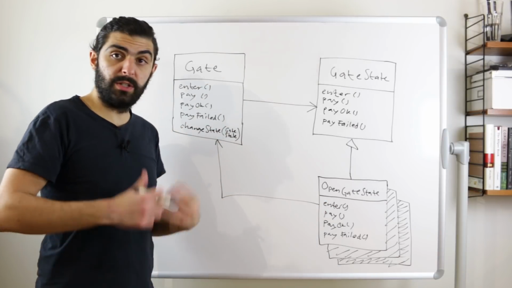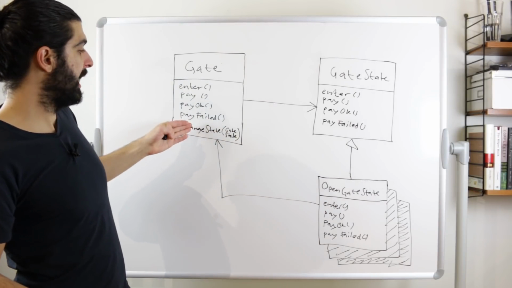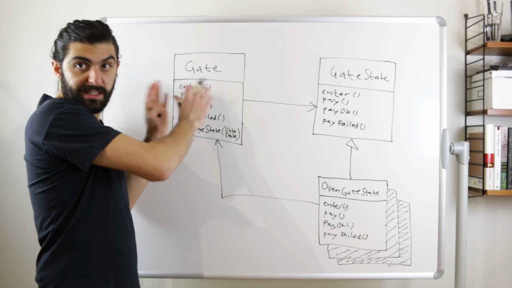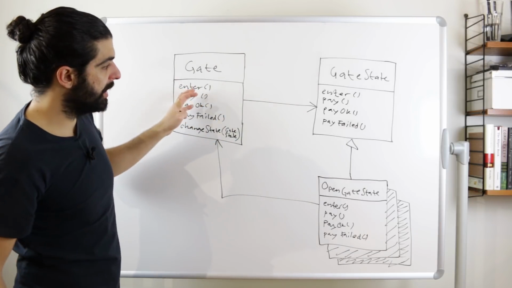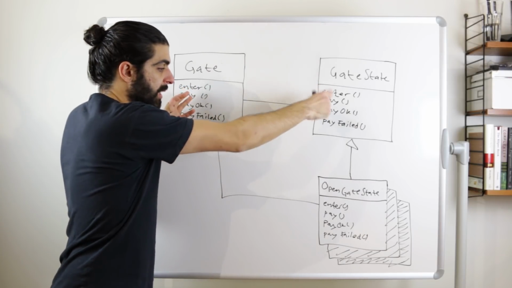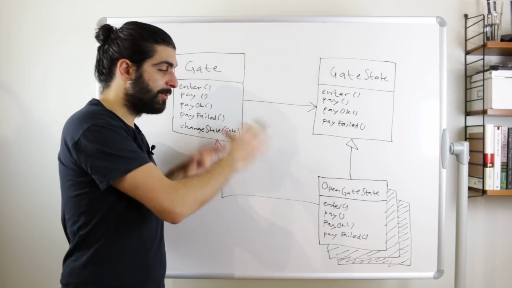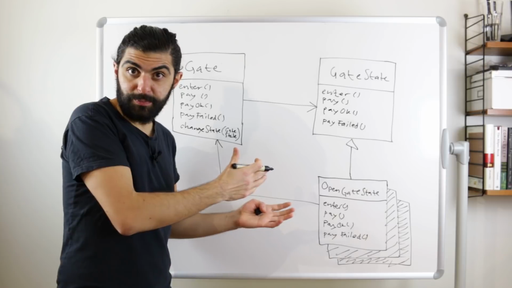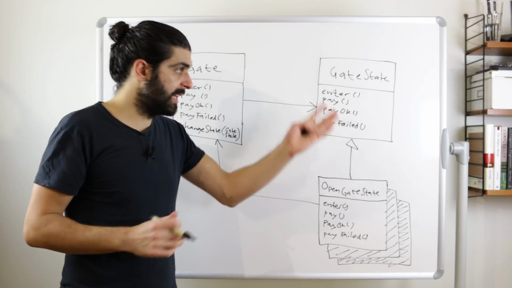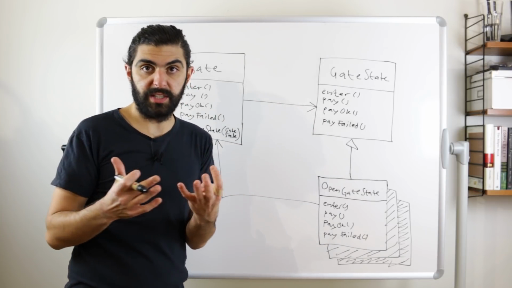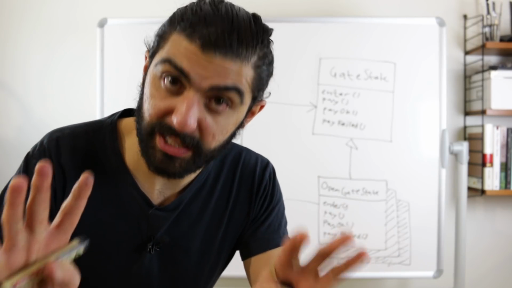So they would produce a new state and then pass that to the gate, who would then set that as its current state. So the next time we call another method, we would then end up in one of these methods of that new concrete state that it produced. But again, there are different ways of doing this, and this is one. But check out the books mentioned for more examples, and I'm sure you can find plenty of different examples on the internet. Now, let's super quickly look at some example code.